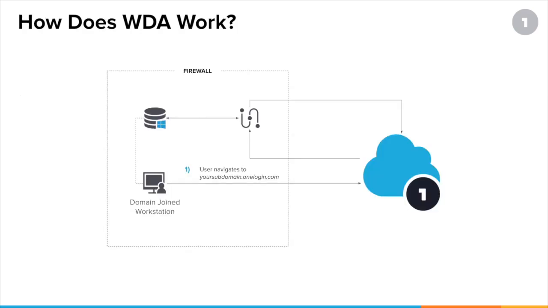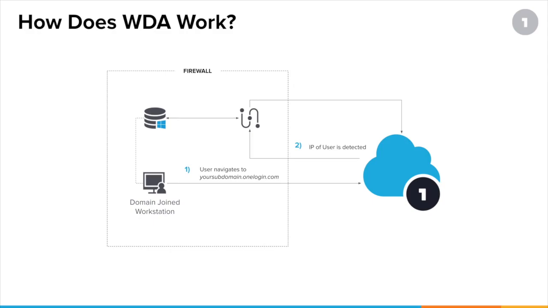So, how does Windows Domain Authentication work? Well, the basic auth flow looks like this. A user's logged into their domain joined workstation, and they open a browser and navigate to their OneLogin domain, your subdomain.onelogin.com. From there, OneLogin detects the IP address the request is coming from. It's that public IP address that workstation appears as.